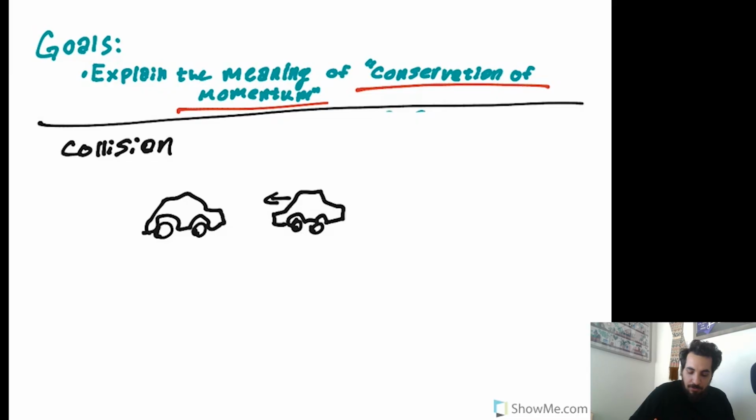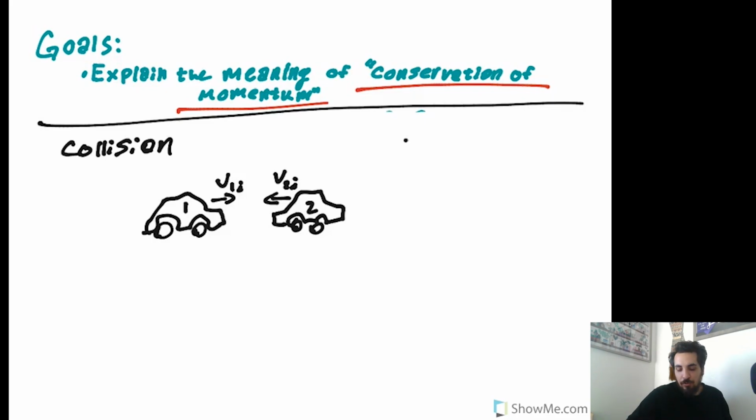But they're heading towards each other with some initial velocity. I'm going to call the car on the left 1, the car on the right 2. So we have V1 initial and V2 initial. Now, obviously, as they collide, they are both going to have changes in speed. And we can think about how we can determine what those speeds are, what we can predict those speeds to be.